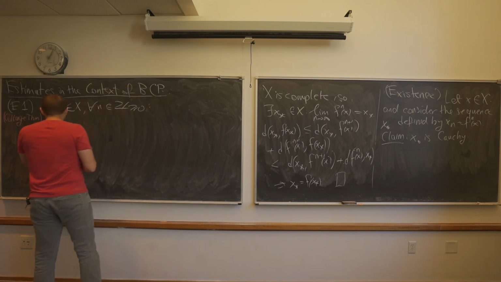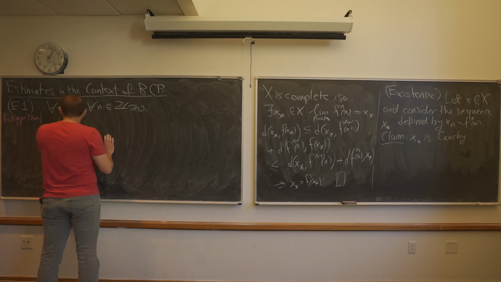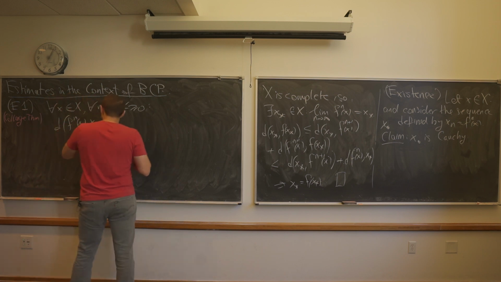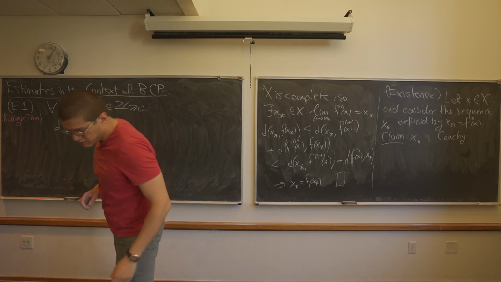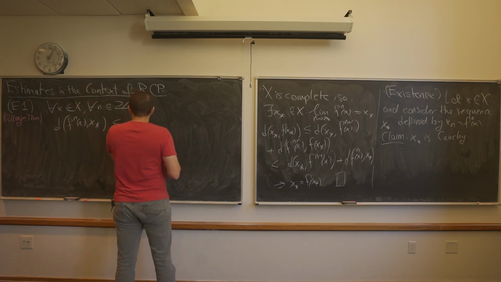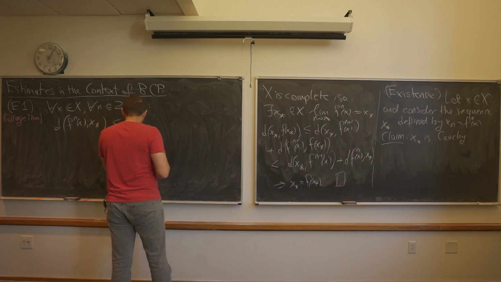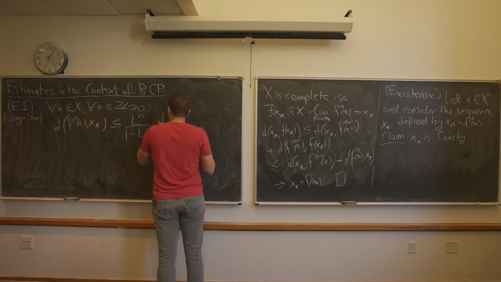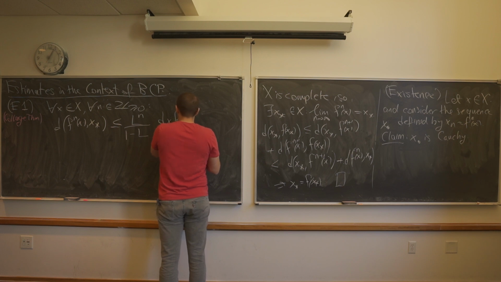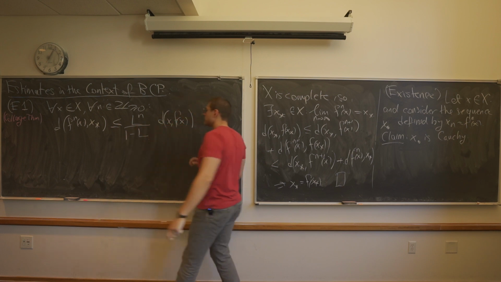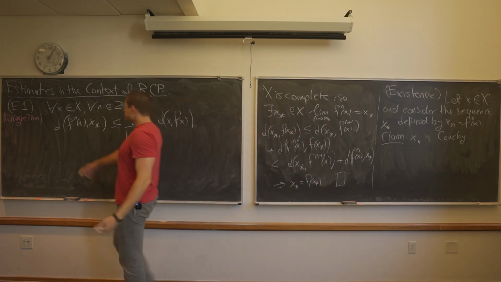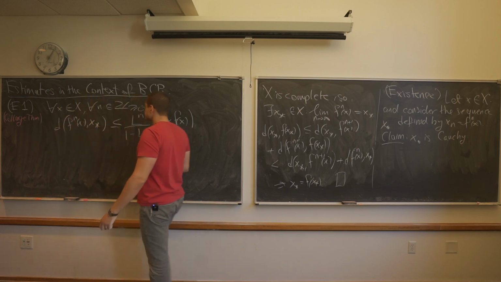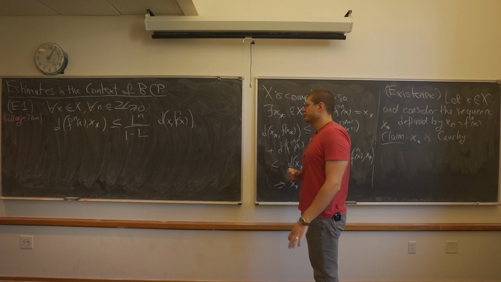And it turns out that this is the estimate. It's a good estimate. So this is bounded by L to the n divided by 1 minus L times d of x comma f of x. Or maybe I should say that the collage theorem is the case when n equals 0. Okay. That's the first estimate.